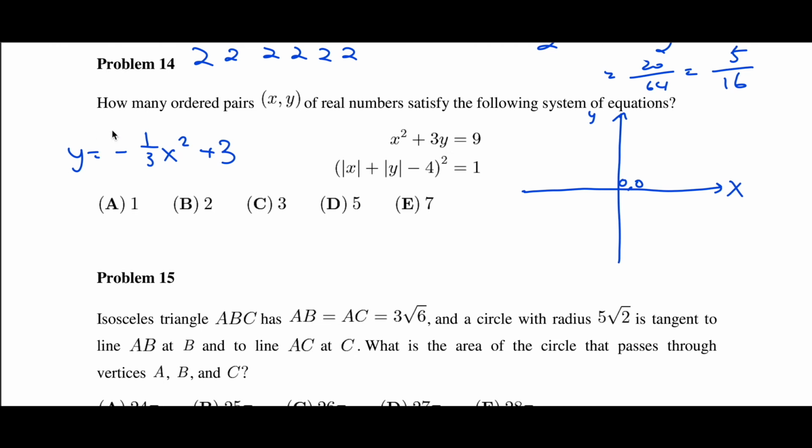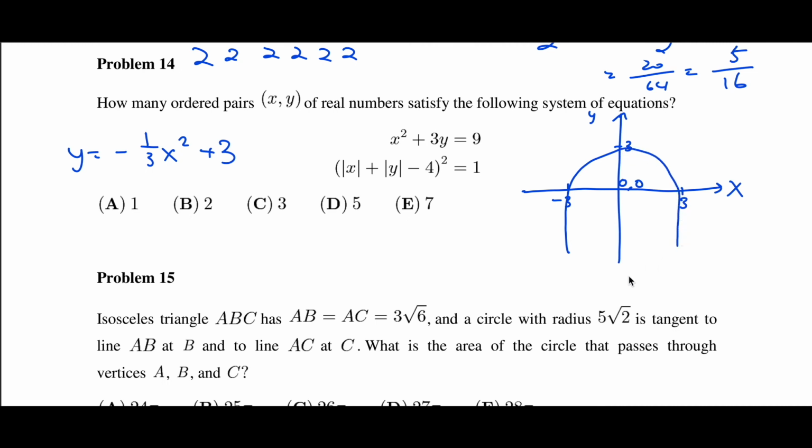The negative a third means the parabola opens downwards. Let's draw it. Using some anchor coordinates, when x is 0, y is 3, and when y is 0, x is plus or minus 3. So the parabola is something like this.